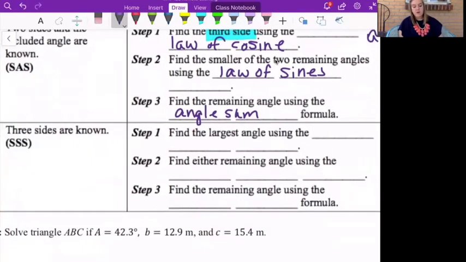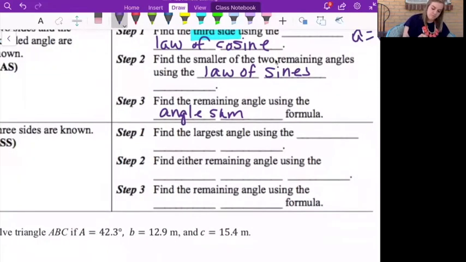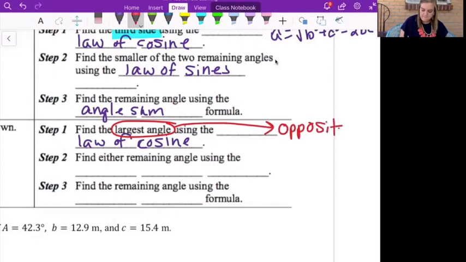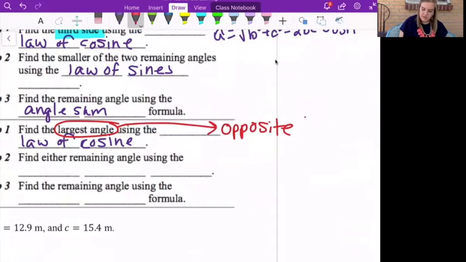Okay, and so if we're given all three sides of our triangle, we are first going to use the law of cosines to find the largest angle. A couple notes with this: the largest angle is going to be opposite the largest side.